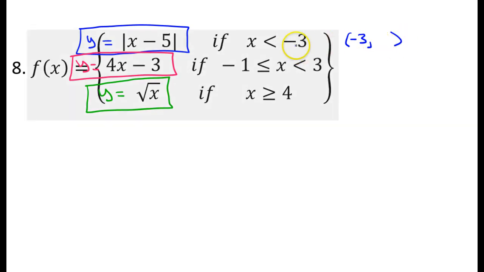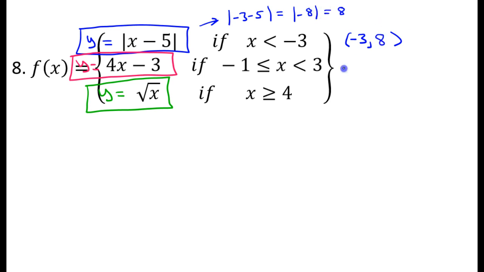Well, to get the y value, I need to take this x value and plug it in. So this would become the absolute value of -3 minus 5. Okay, so that's the absolute value of -8, which is +8. So I have an endpoint of -3 comma 8.